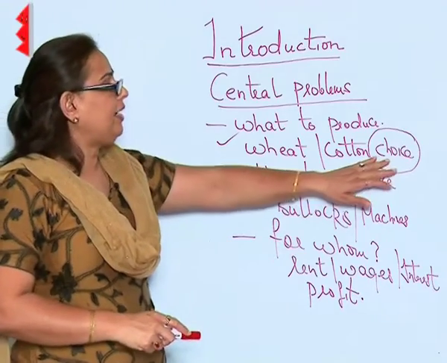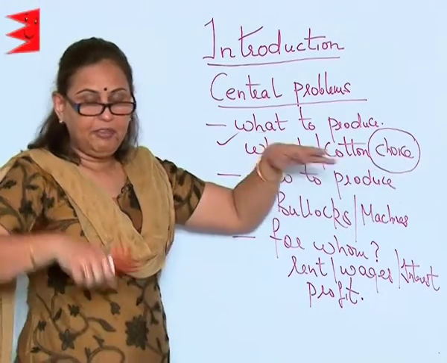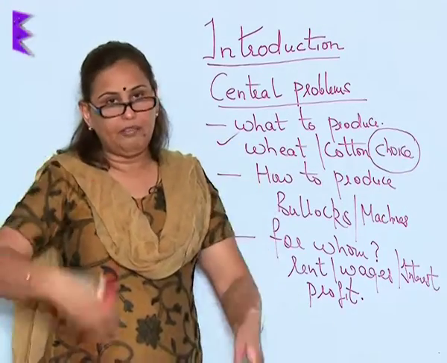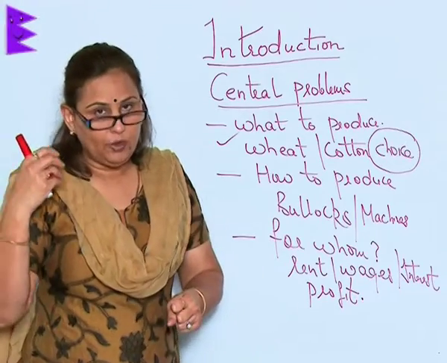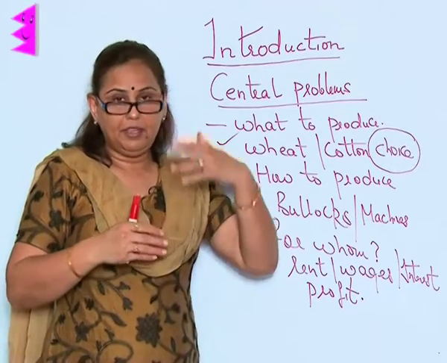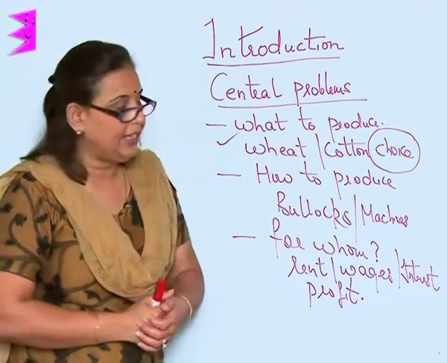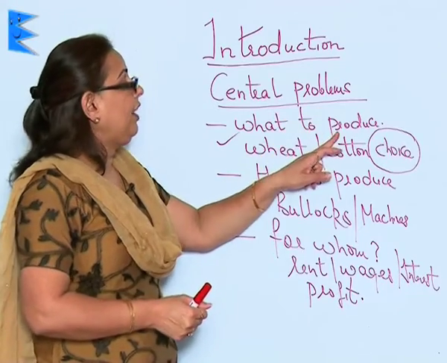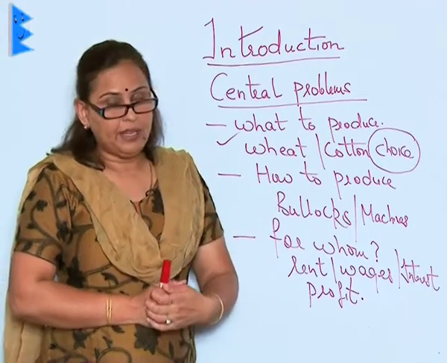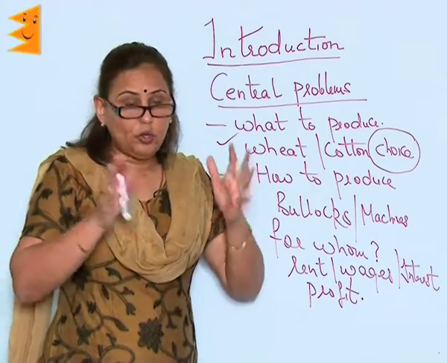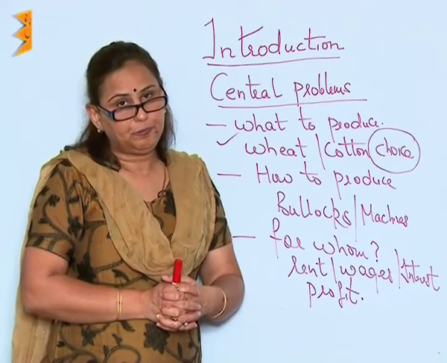If there were unlimited resources, then we could be growing both cotton and wheat, having also the cottage industries, and the big industries, the iron and steel. But here what to produce remains important because the resources are limited.